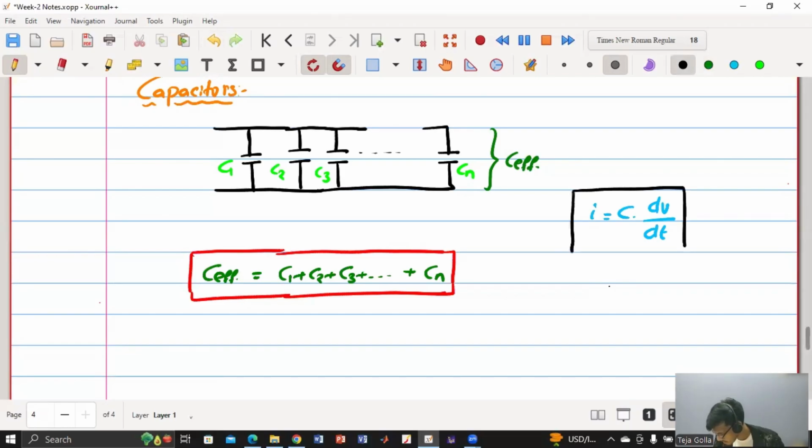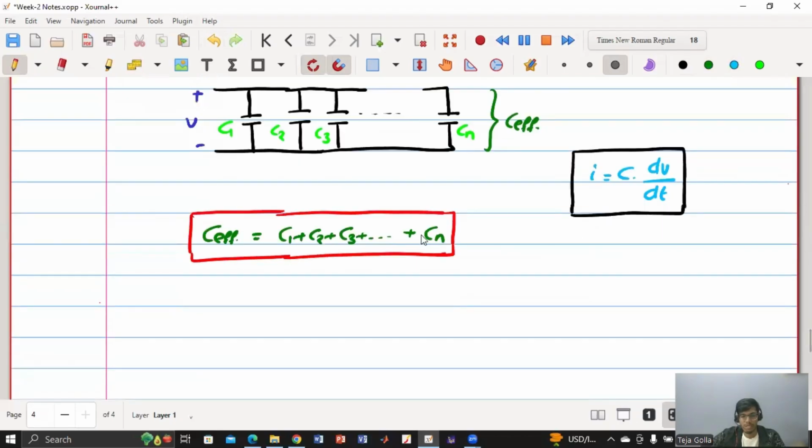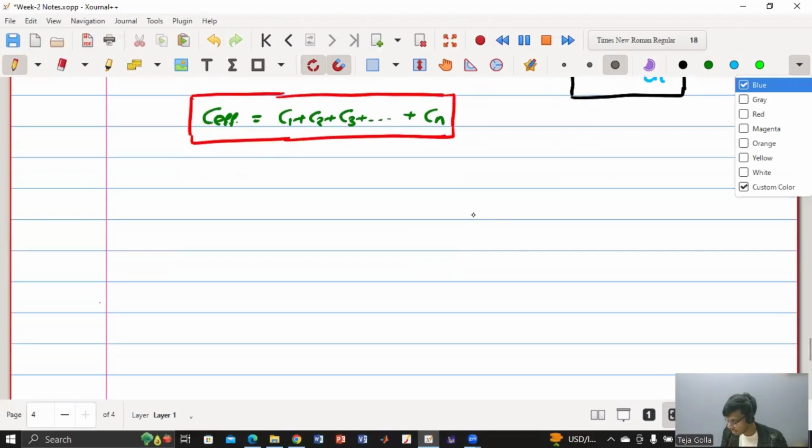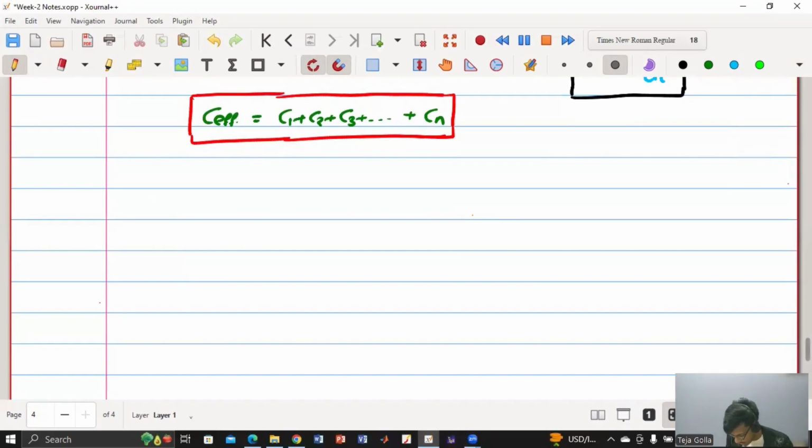Then you will get C1 plus C2 plus C3 plus up to so on. And you know that the voltage is the same for all the capacitors, so on the RHS dV by dt will be common, and the capacitances you have to add. So it will be C1 plus C2 plus C3 up to so on and Cn. This is also pretty straightforward, and I hope you are clear with this.